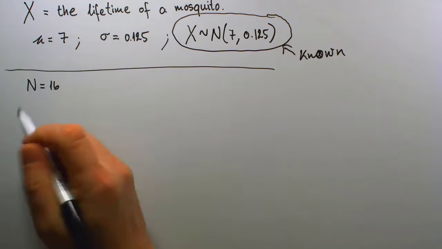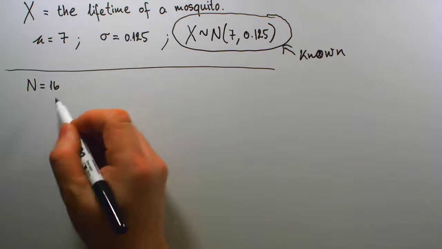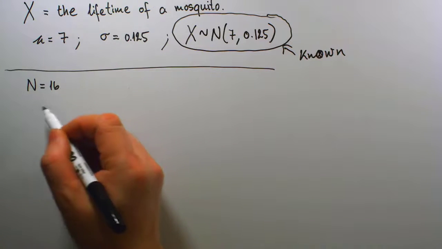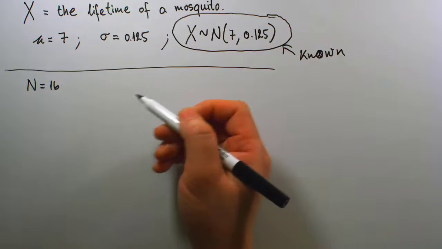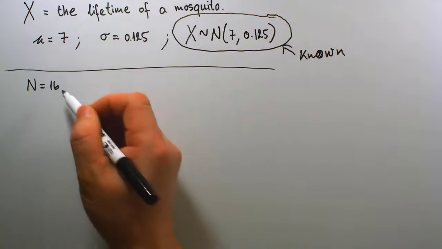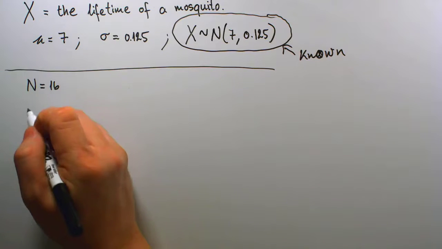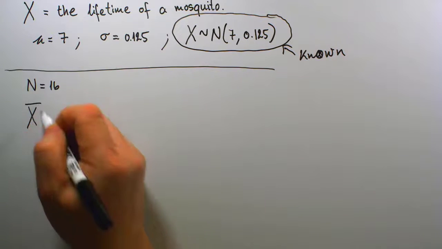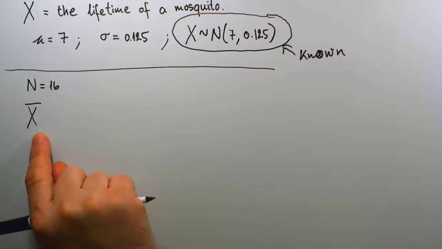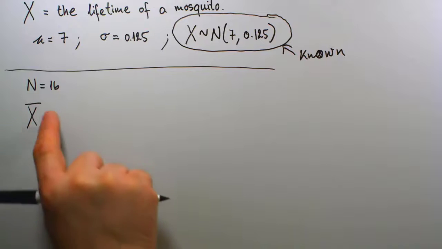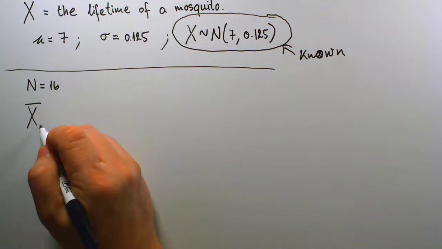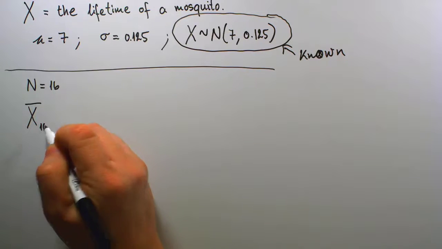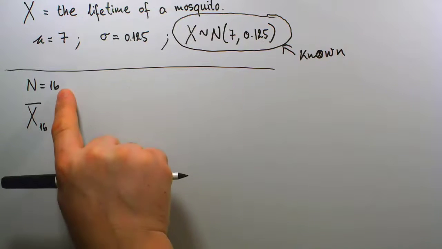And the same with our sample mean. Whichever sample mean might come out of this sample is only one among infinitely many other sample means out there at sample size 16. So for that reason, as in any textbook, I'm going to use a capital letter X with a bar here. This is a new random variable. In my style, I always indicate a subscript for the sample size.